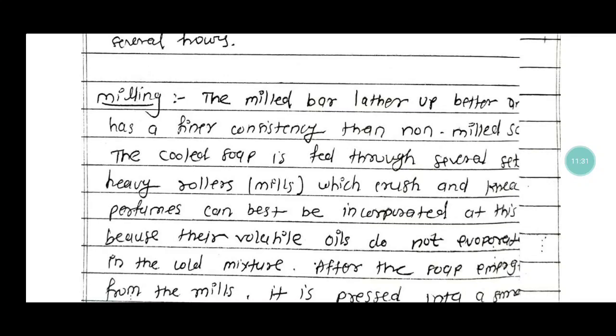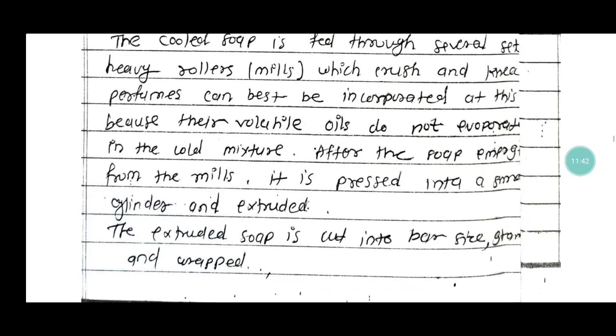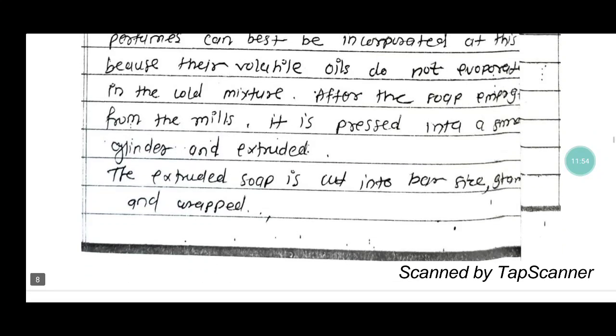Perfumes can best be incorporated at this stage because they are volatile oils and do not evaporate in the cold mixture. After the soap emerges from the mill, it is pressed into small grinders or cylinders and extruded. The extruded soap is cut into bar-size strands and wrapped.